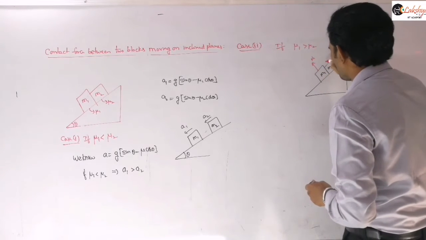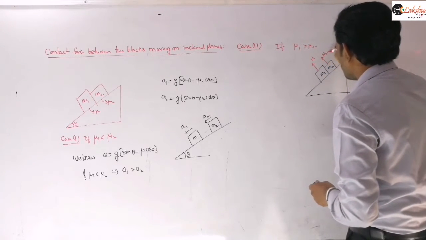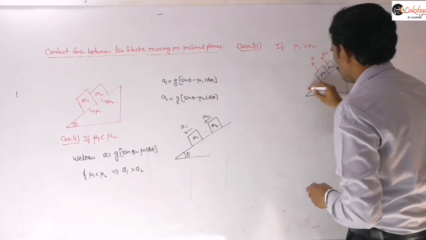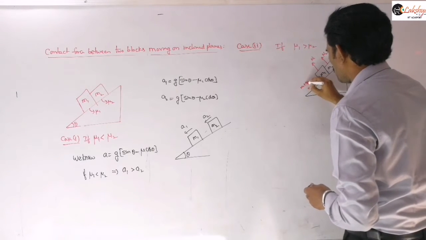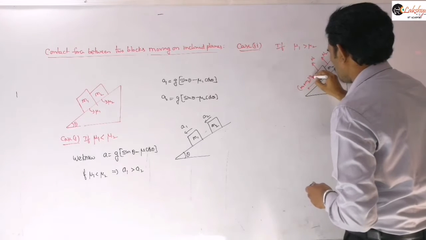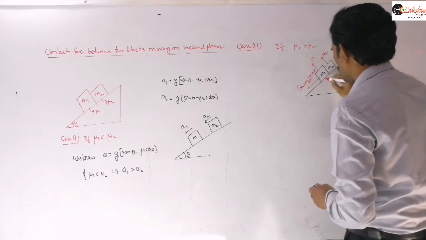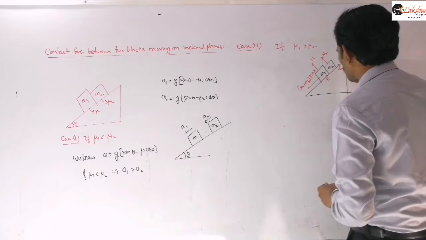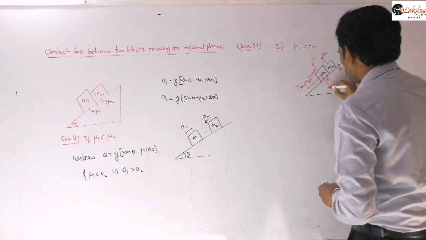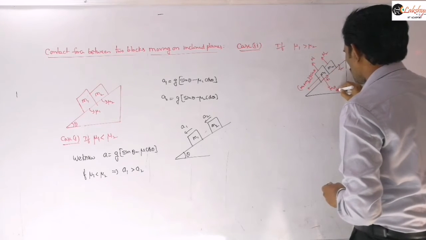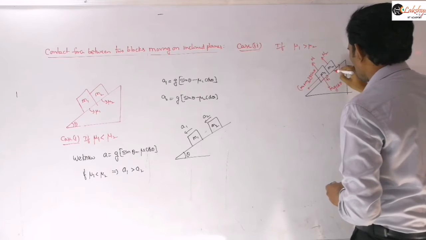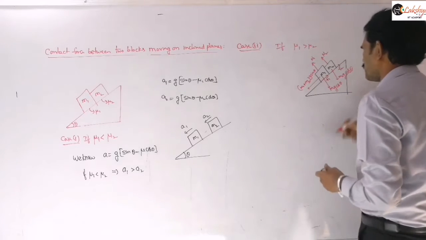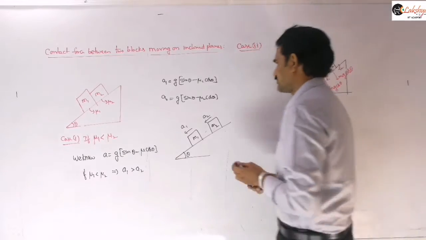So this is our normal reaction N1 and this is N2. And this value will be M1 plus M2 into g sin theta, the total accelerating force. Here force F1 will be there and here force F2 will be there. In addition, the M1 g cos theta and M2 g cos theta components will be there like this.